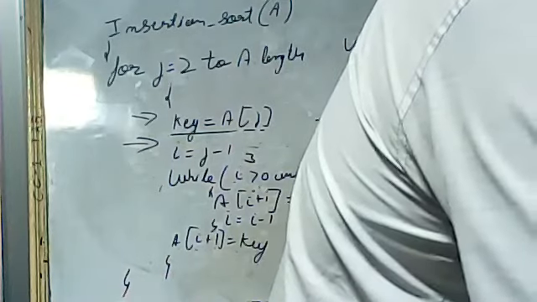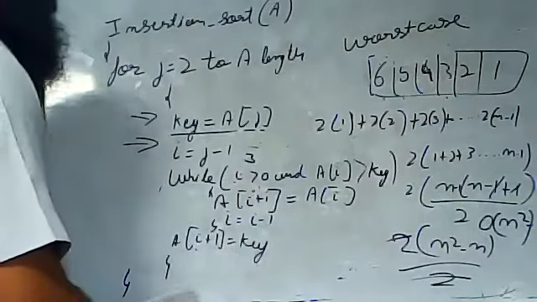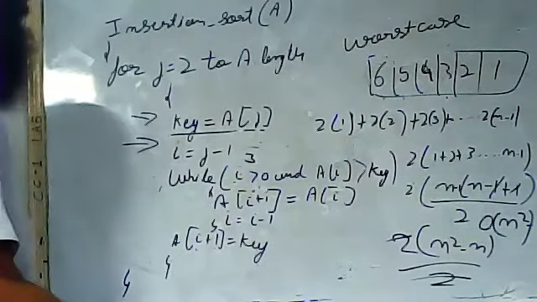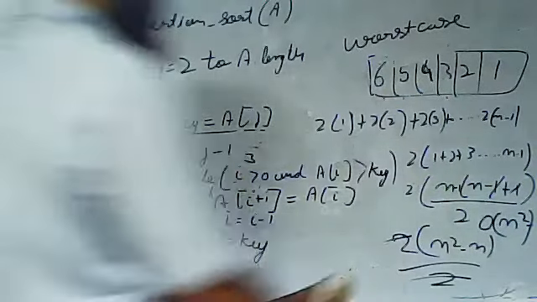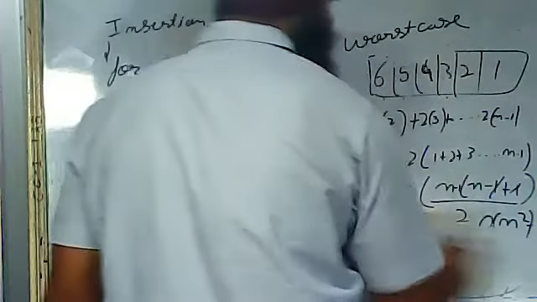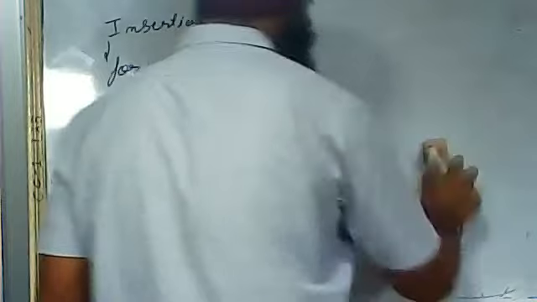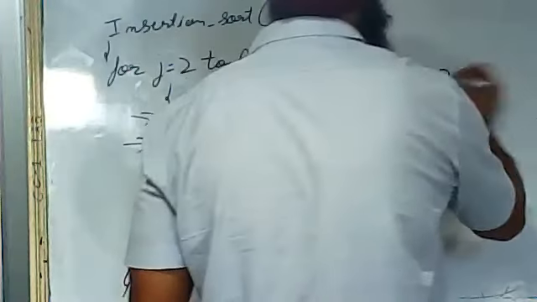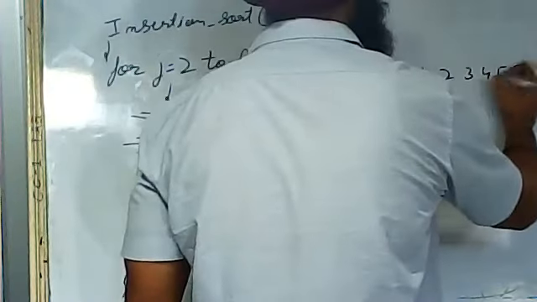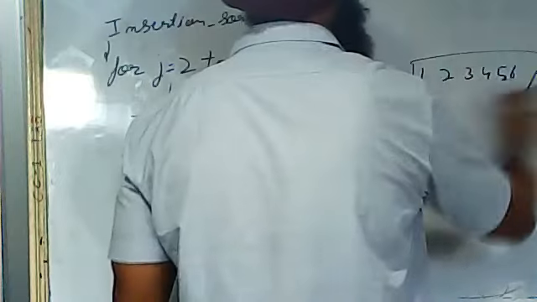Okay, then we have seen the worst case, we'll see the best case. What is the best case of insertion sort? If we are doing sorting in ascending order and the elements are already sorted, that will be the best case.